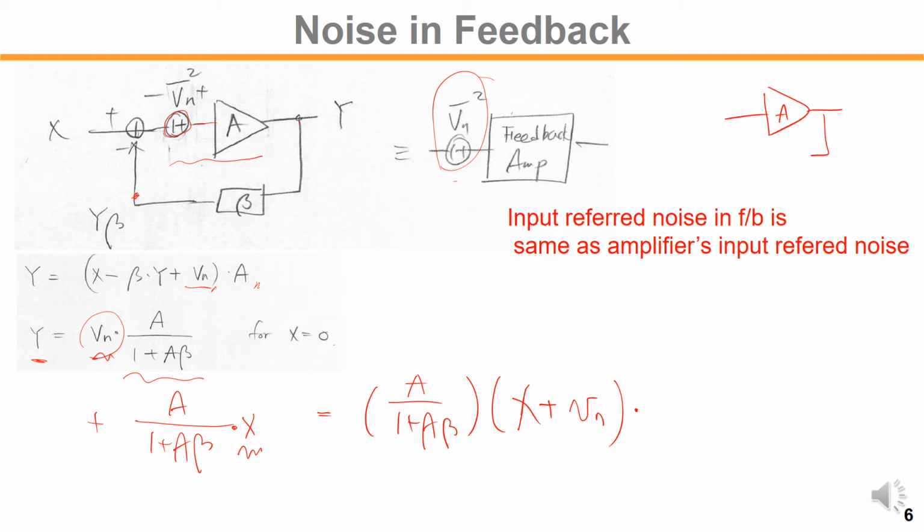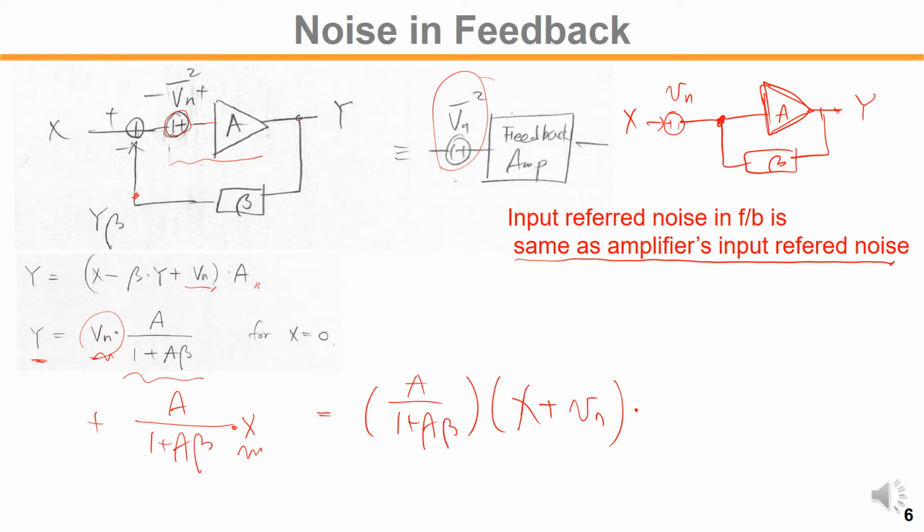A over 1 plus A beta, for x and y, right? So the noise contribution of the amplifier is just the same as taking it out of the loop. The amplifier noise inside the feedback loop doesn't change the noise characteristics. So input reference noise in feedback is the same as the amplifier's input reference noise, right?